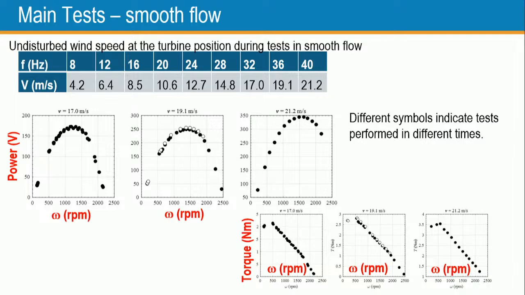And this is done for the power and for the torque measured during the experiment. Here, different symbols indicate tests that were performed at different times. Therefore, we achieved a very good alignment that indicates good repeatability of the test.